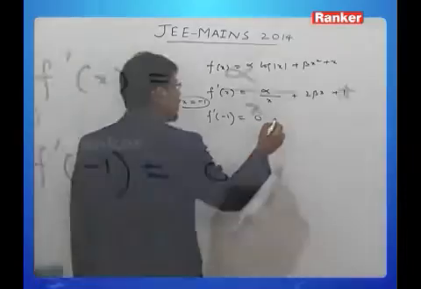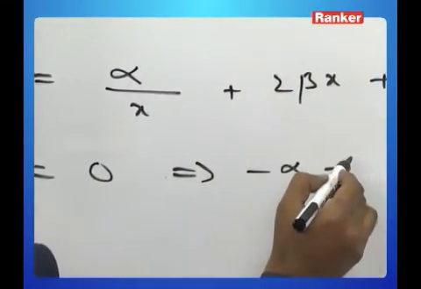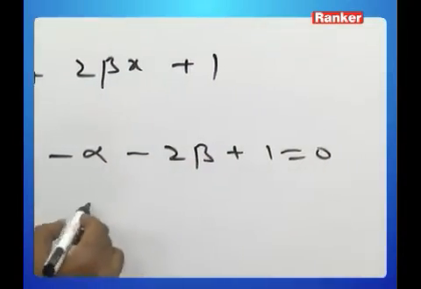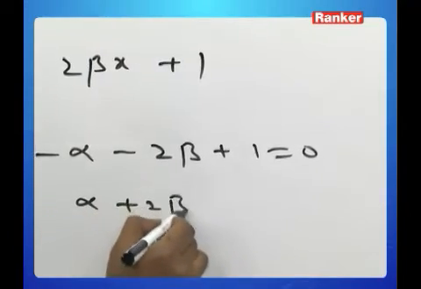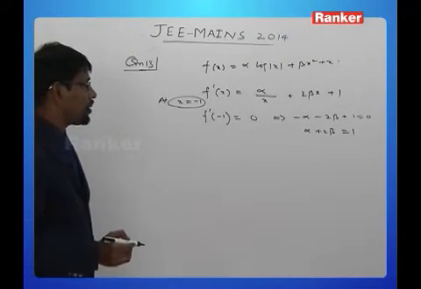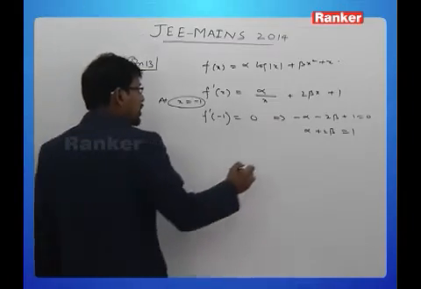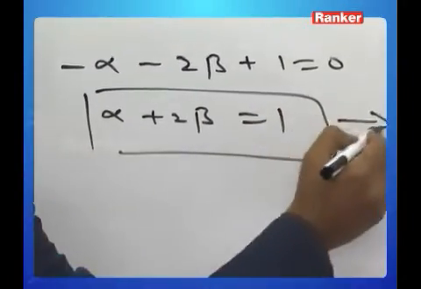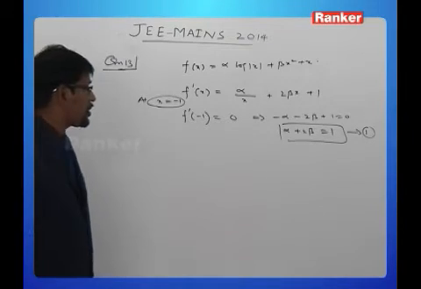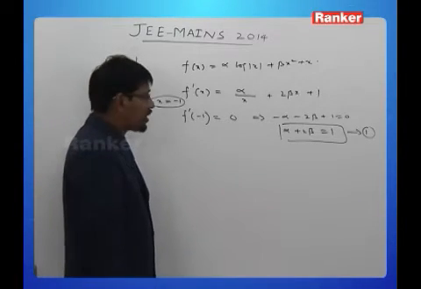So what do we have? Minus alpha minus 2 beta plus 1 is equal to 0. That gives me alpha plus 2 beta to be 1. So that gives one equation. In fact, clearly option 1 itself can satisfy this. No other option can satisfy this equation.